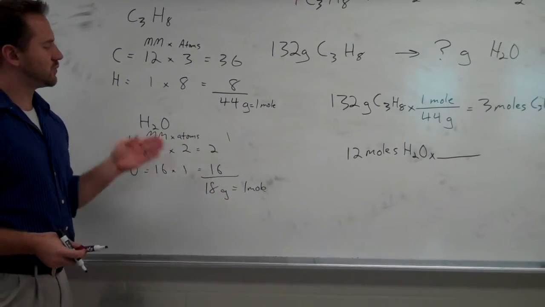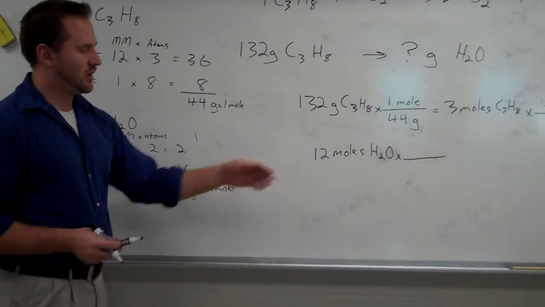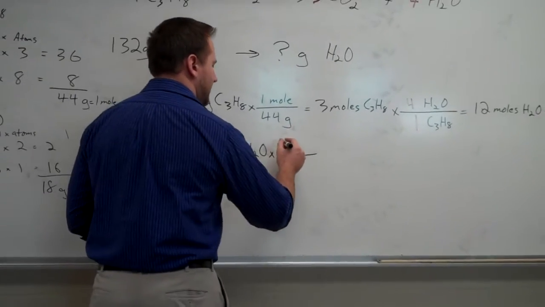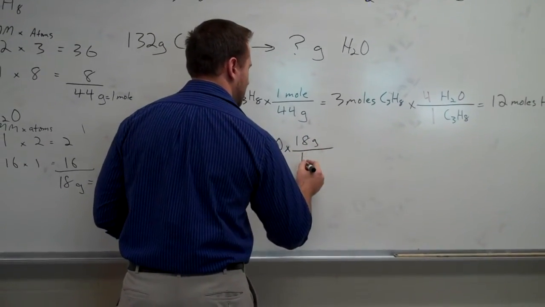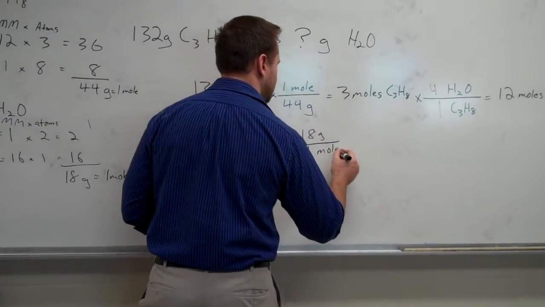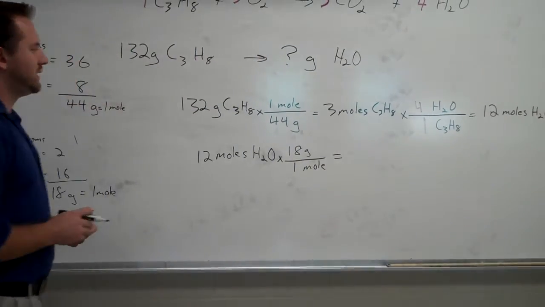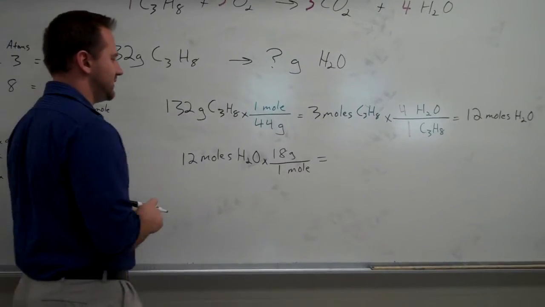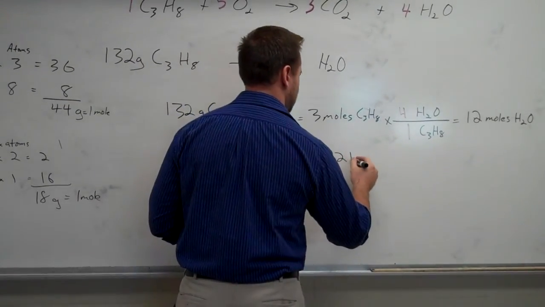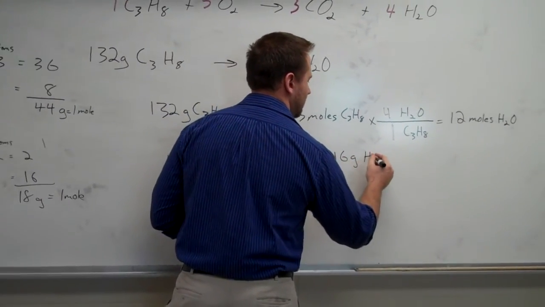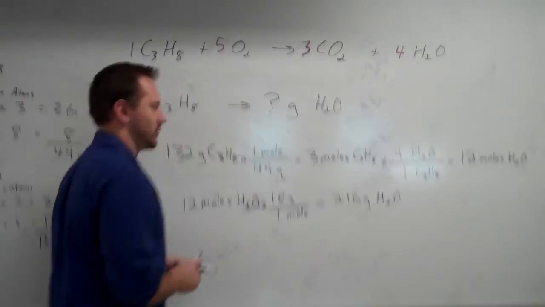We have 18 grams of 1 mole of water, so if we have 12 moles, we use that ratio, 18 grams per 1 mole of water, and we get 216 grams of water produced.